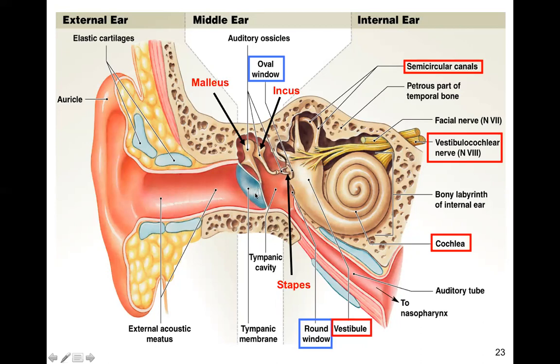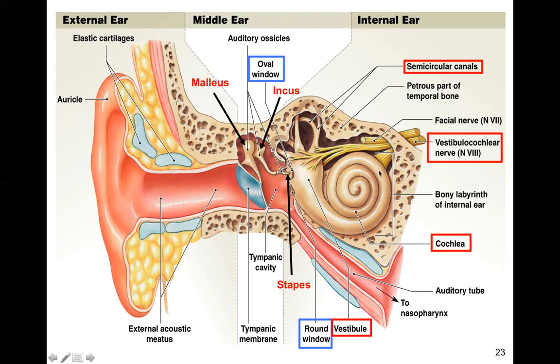This will vibrate. That vibration then moves the three bones, the malleus, the incus, and the stapes. The vibration shakes the oval window, and then the vibration comes in and shakes all the fluid in here in the cochlea. The cochlea has fluid and has lots of little hair-like projections in there.